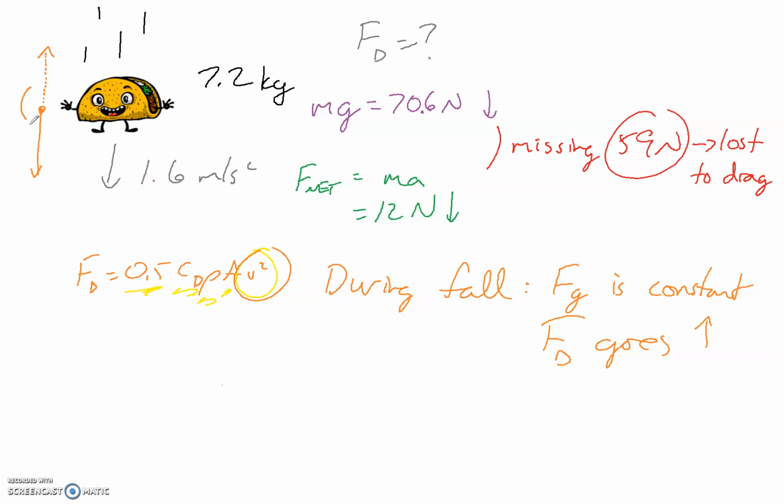And when this occurs, the net force will be equal to 0. So when the force of gravity is equal to the force of drag, like drag has actually gotten big enough to balance gravity, your net force is going to be equal to 0, which of course means you've got no acceleration.